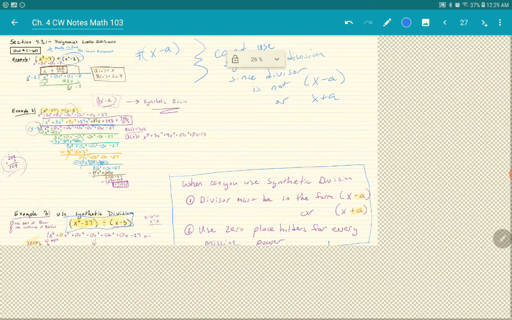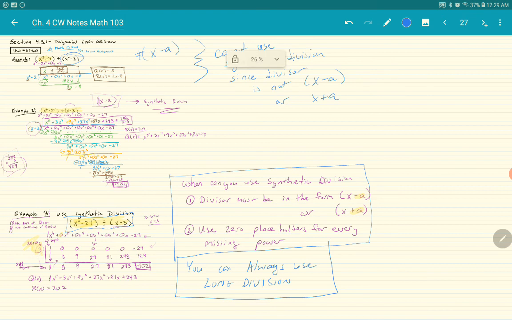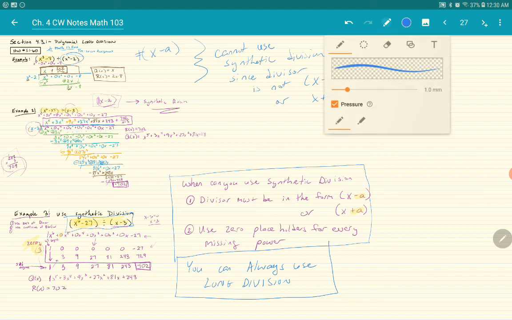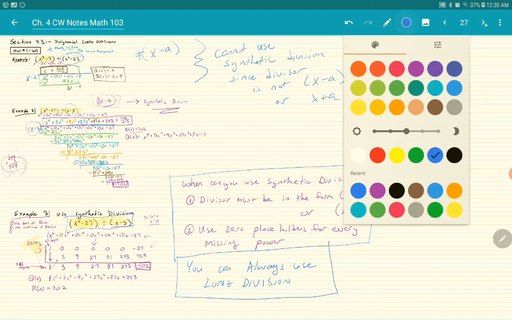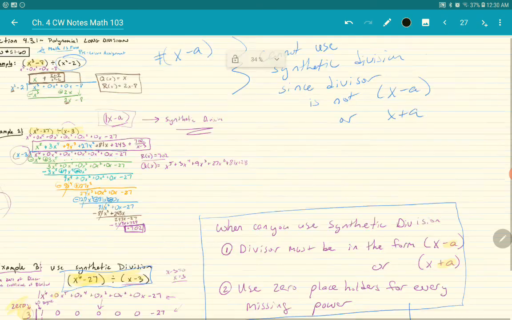Okay, so that is division. All three of these we had a remainder, which means we didn't find a factor of the quotient. So I'm going to do one more recording from section 4.3 that has a division problem with no remainder, so we can see what happens and what that means about the polynomial. This recording actually covered a bit more than the long division. It made it a lot longer than I intended.